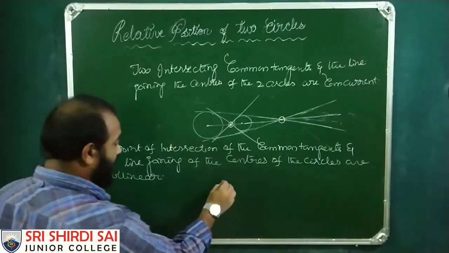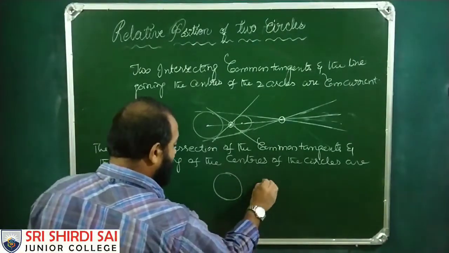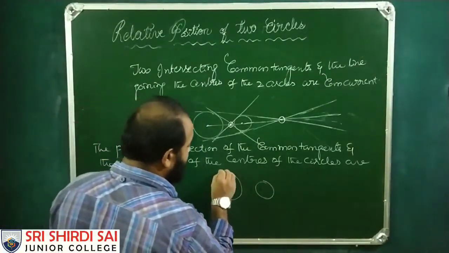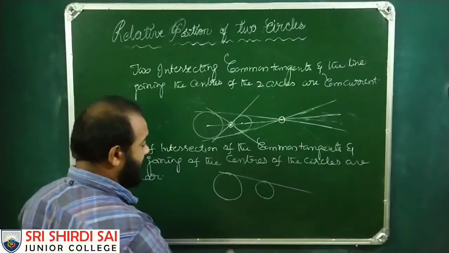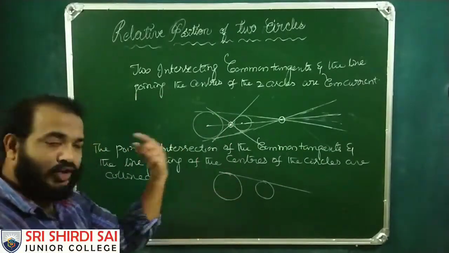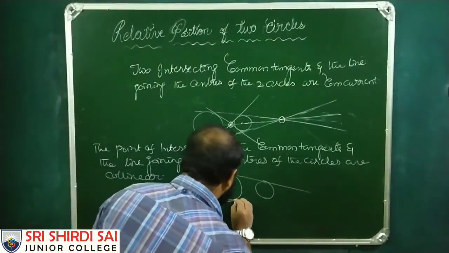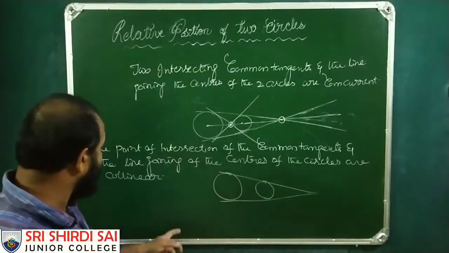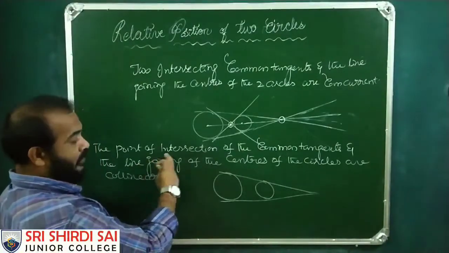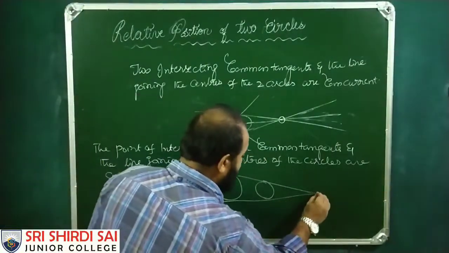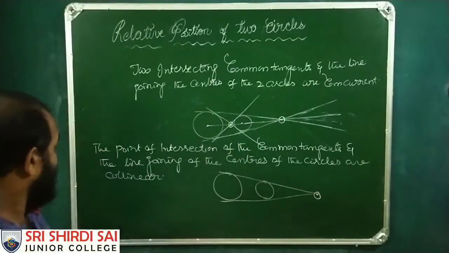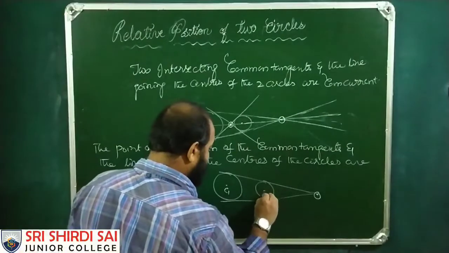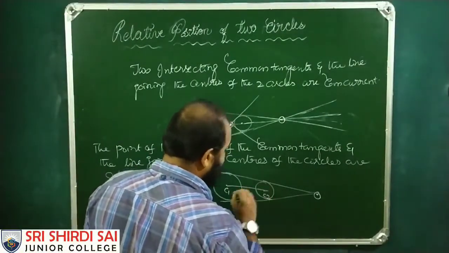For example, let us take this one common tangent, to be more specific, a direct common tangent, and this is another common tangent. The point of intersection of the common tangents, that means I am talking about this, and the line joining the centers, that means C1, C2.